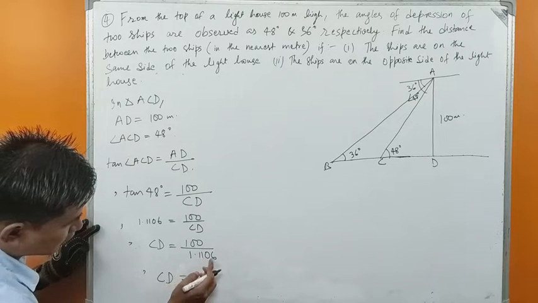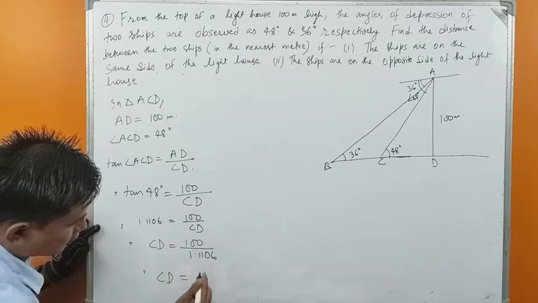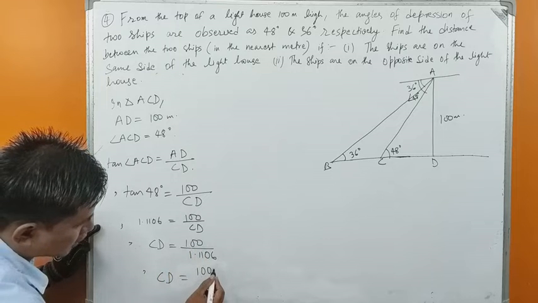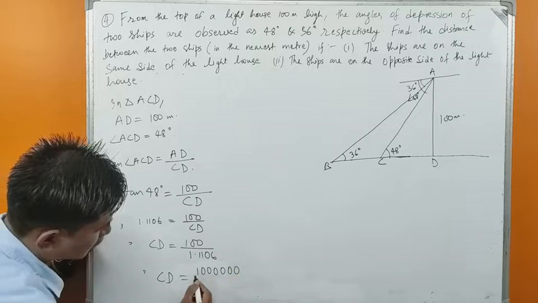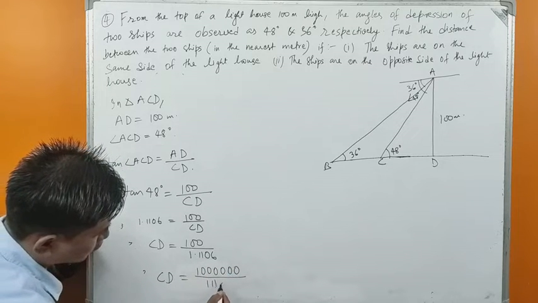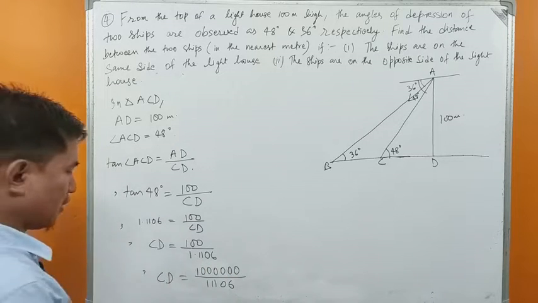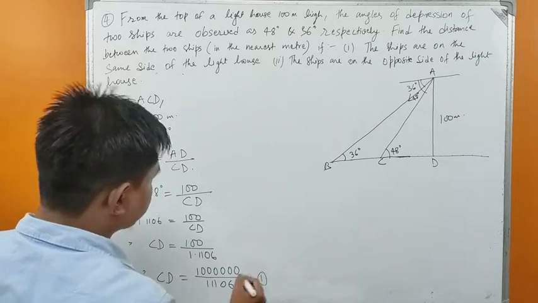There is a decimal point before 4 digits. We remove the decimal point and put 4 zeros here, two zeros were already there in 100, so we put 4 extra zeros. So we eliminate the decimal point: 11106. Okay, so this is the value of CD, equation 1.